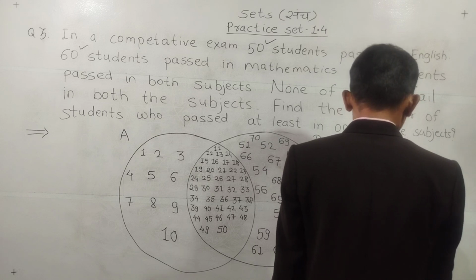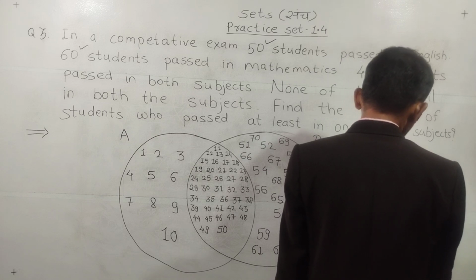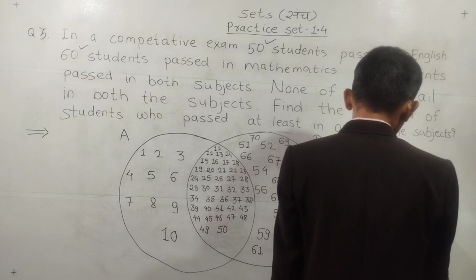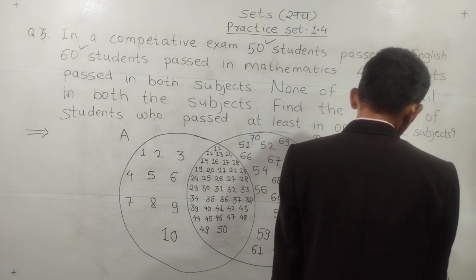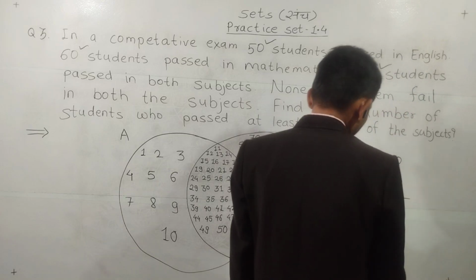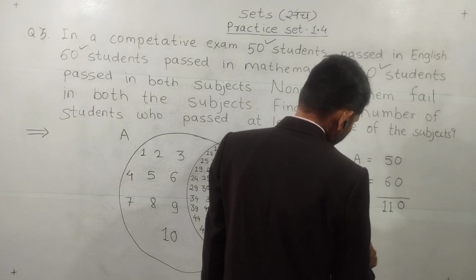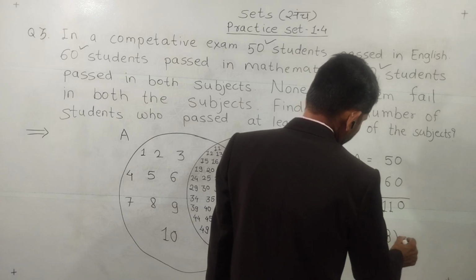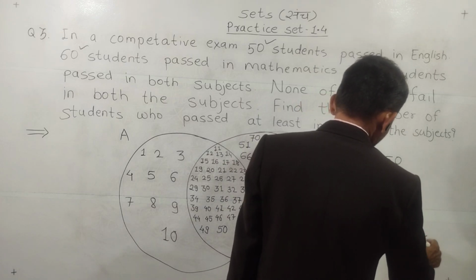Means that the total students who passed in at least one subject are 110 students. Means that we have calculated A union B. A union B is equal to 110 students.